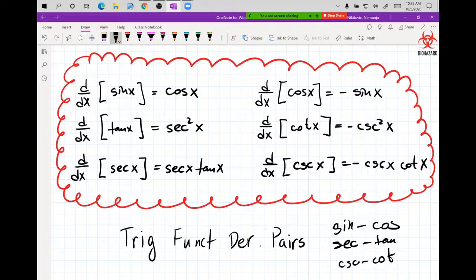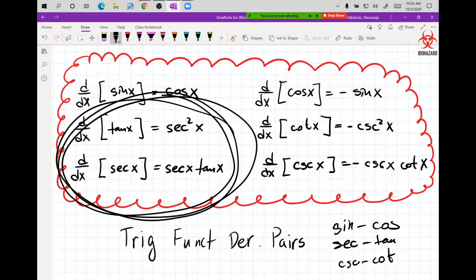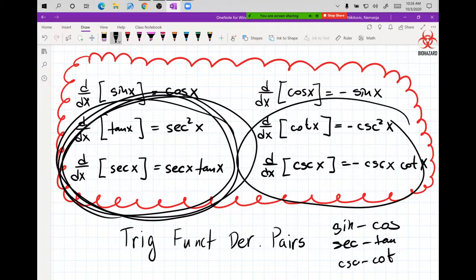So, perfect. Do you see that you do not have any other pairing in derivatives? Sine is always with cosine in the first row. Secant and tangent are mushed together. Cosecant and cotangent are mushed together, and they do not crisscross.